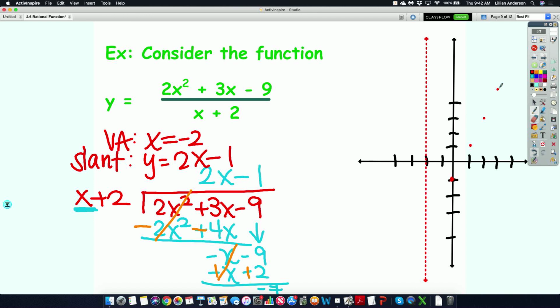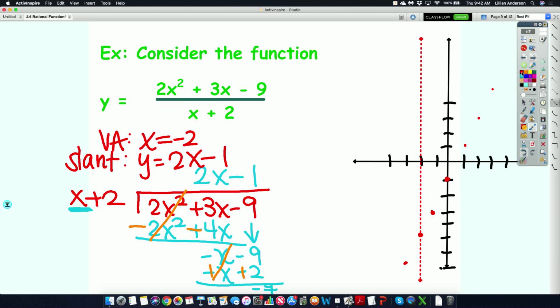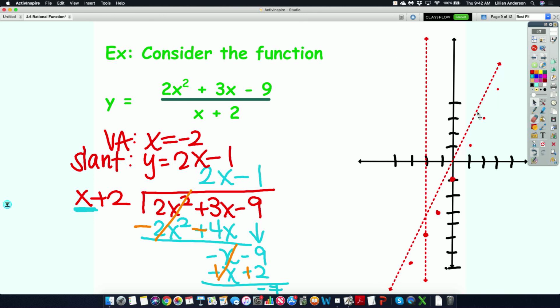Or, for my y-intercept, instead of going up 2 over 1, I could go down 2, left 1, down 2, left 1. There's the intersection of the asymptotes. Down 2, left 1, and then I connect them. I should have put it in the graph there, but change it now. Roughly. Okay?